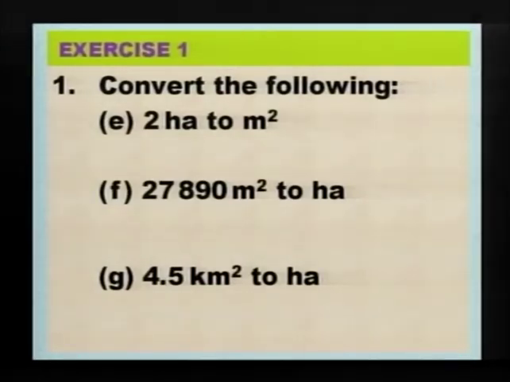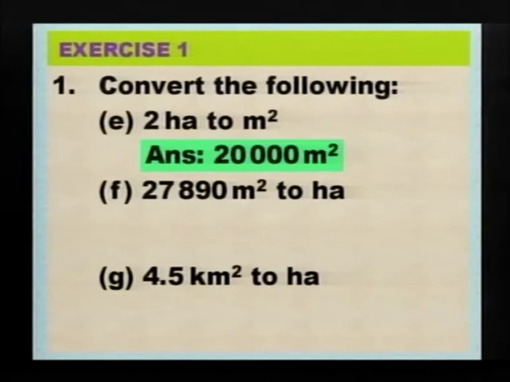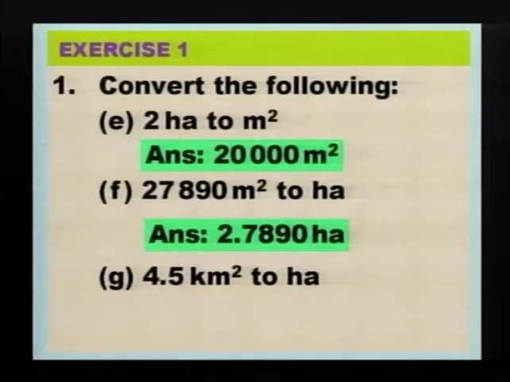Question 1, letter E, 20,000 square meters. Gabriel, letter F. 2.789 hectares. Okay, correct.